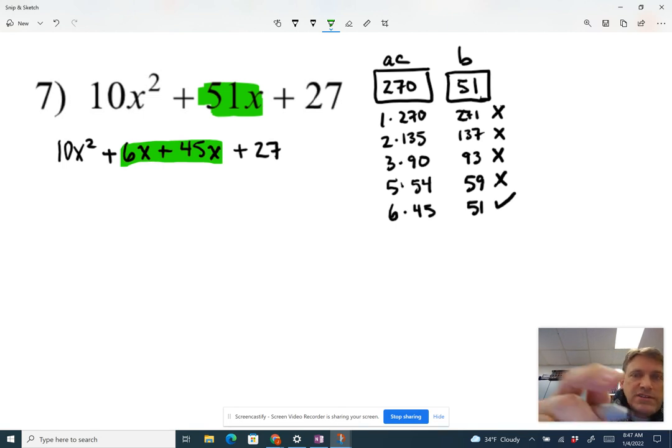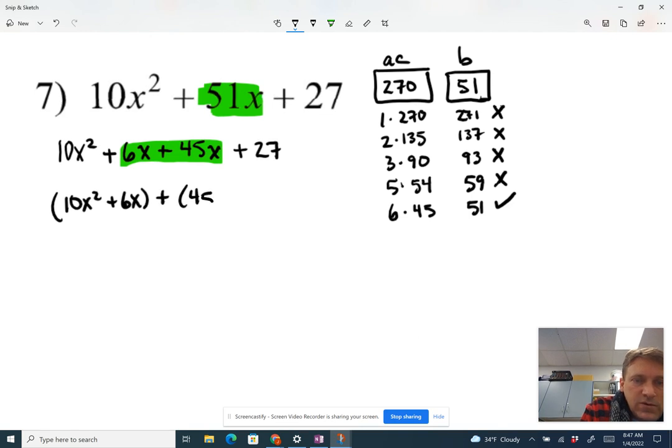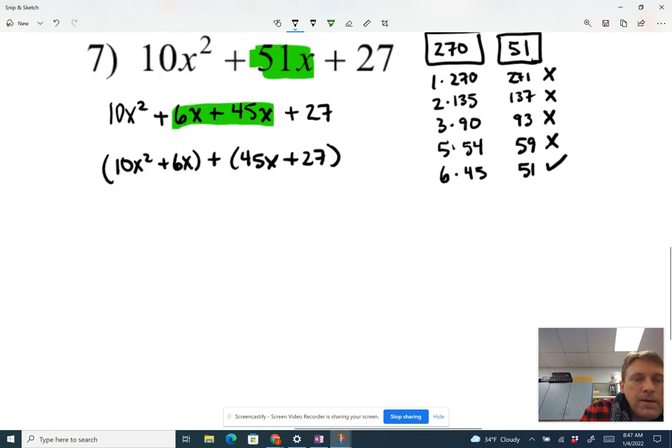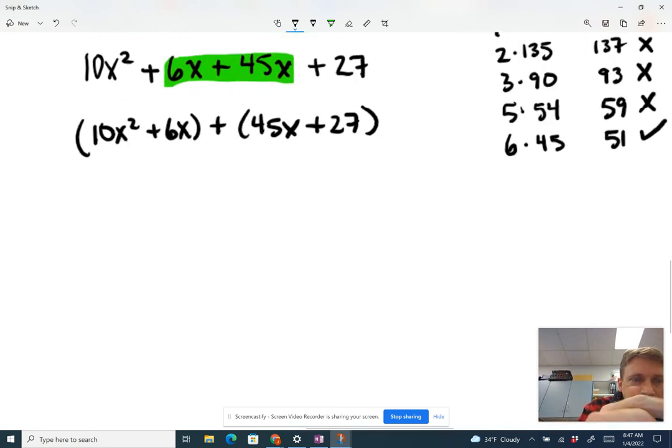And so it's the same trinomial as we had before, it's just separated out. And that allows us to factor it by grouping. So we're going to go here to 10x squared plus 6x plus 45x plus 27. And then we ask ourselves, what's the greatest common factor between 10x squared and 6x?